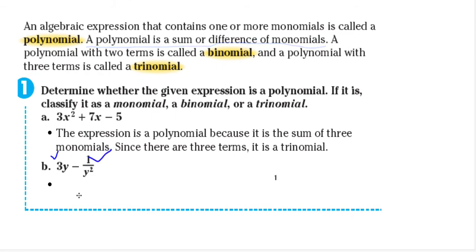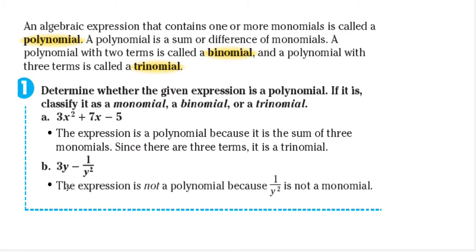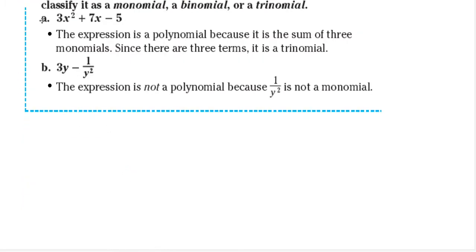Let's take a look at 3y. 3y is a monomial, but 1 over y squared is not, because you have a denominator which is a variable, which makes it not a monomial. So 3y minus 1 over y squared is not a polynomial because 1 over y squared is not a monomial.